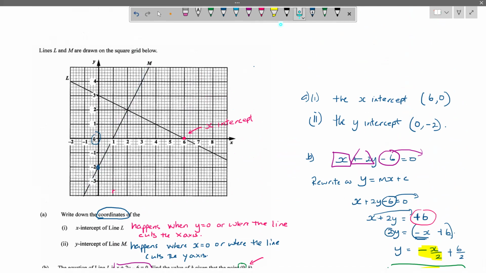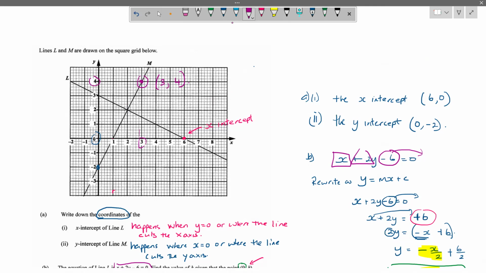Right? So we need 2 points on this line that we could use to work out our gradient. I think I could use this one here, right? This point is in line with 3 on my x and 4 on my y, right? And we could use any other point. It doesn't have to be any particular point.